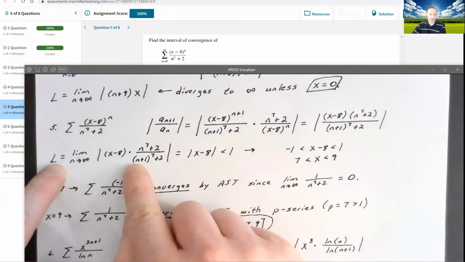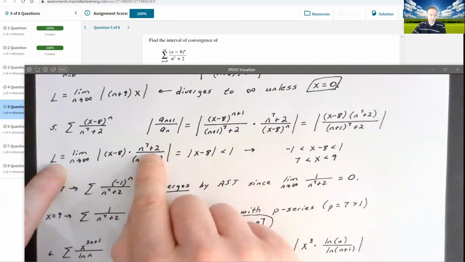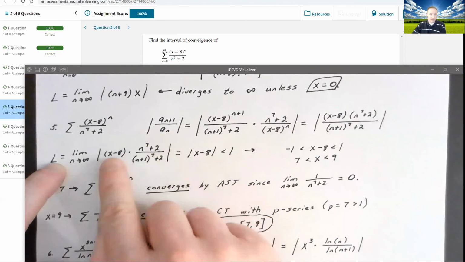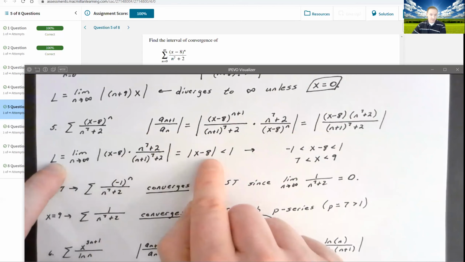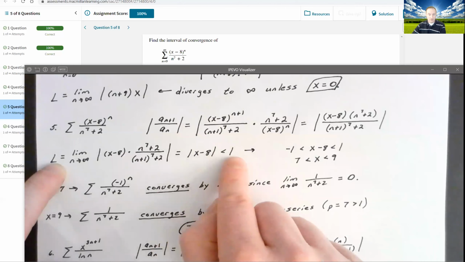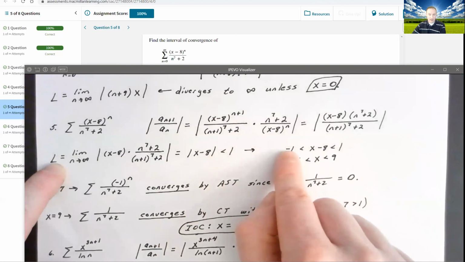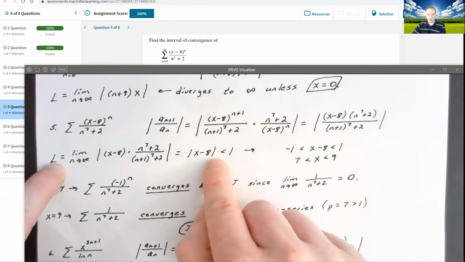I'll have a 1 n to the 7th in the denominator. And none of those other terms matter. This is, again, approaching a term of 1. So this is going to be x minus 8 times 1 becomes the absolute value of x minus 8. Now I know that that has to be less than 1 according to the ratio test. So I can say, all right, then that tells me x minus 8 needs to be less than 1 or greater than negative 1 when I get rid of the absolute value.